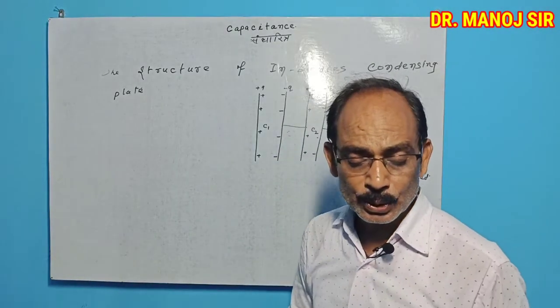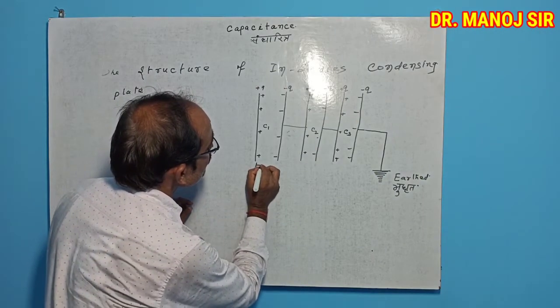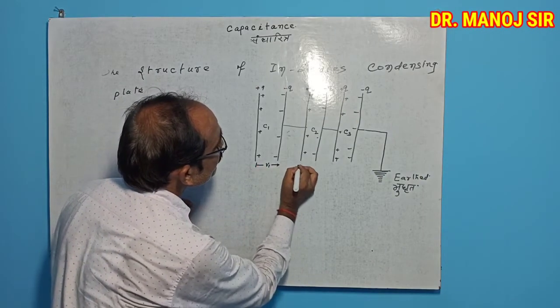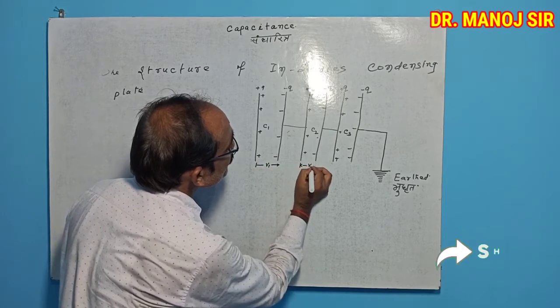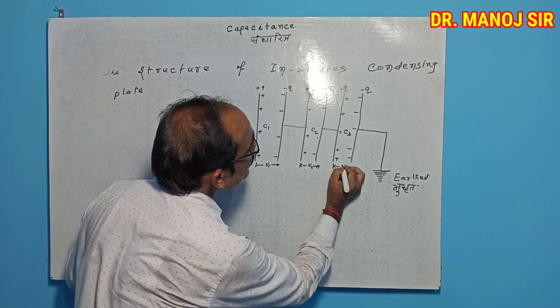So the potential differences are V1, V2, V3.